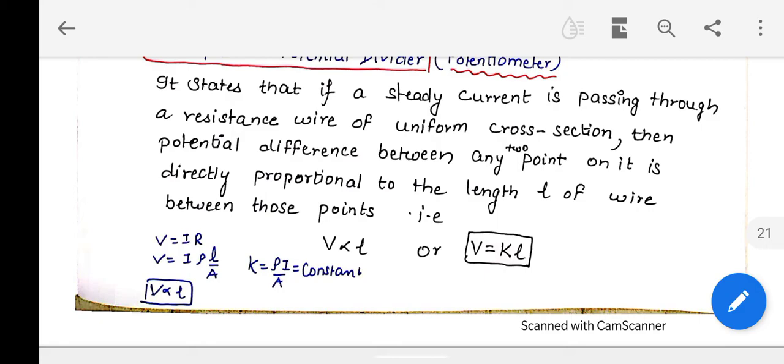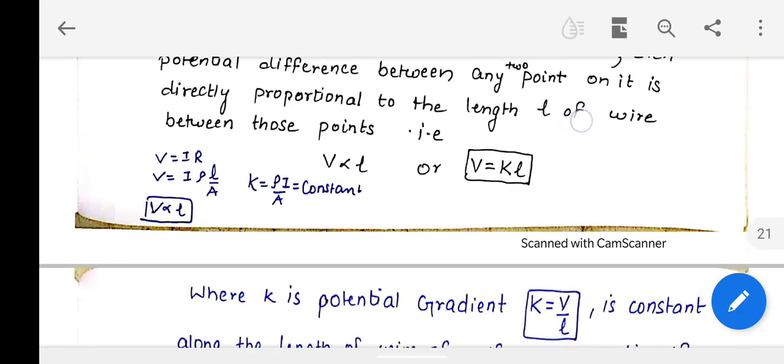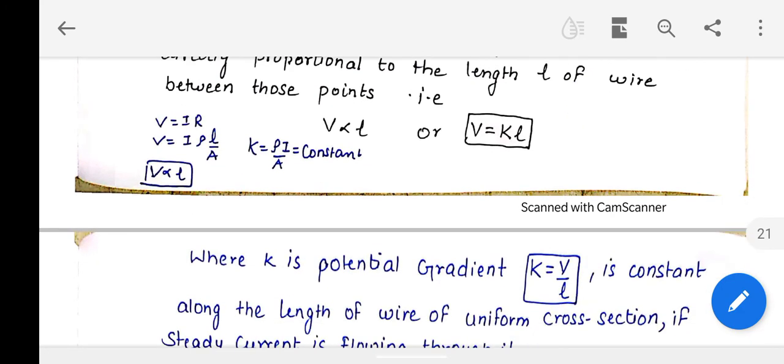So V is proportional to L, and to remove the proportionality sign you need to add a proportionality constant, denoted by K. V equals KL, where K is the potential gradient.